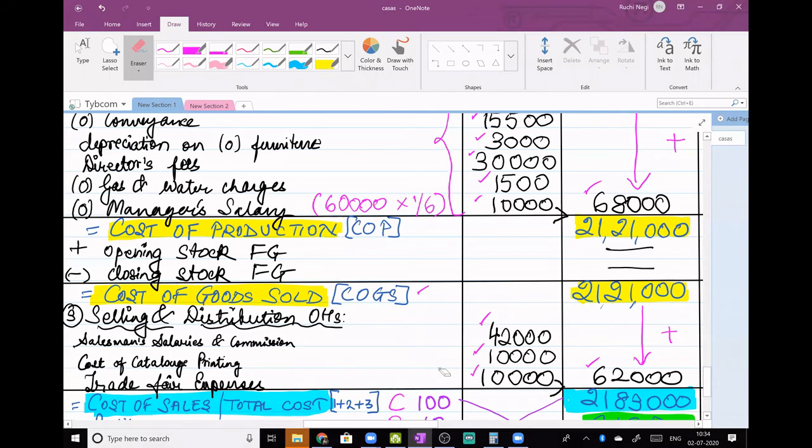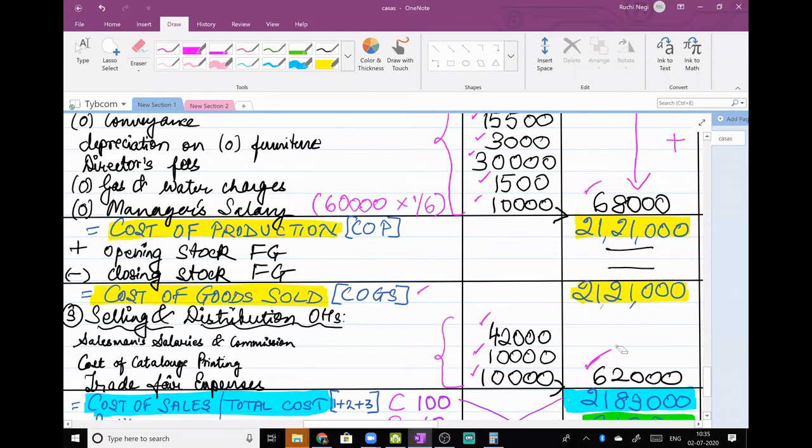Catalog printing 10,000. And trade fair expenses 10,000. So this plus this, 42 plus 10 plus 10 gives me 62,000 in the outer column.